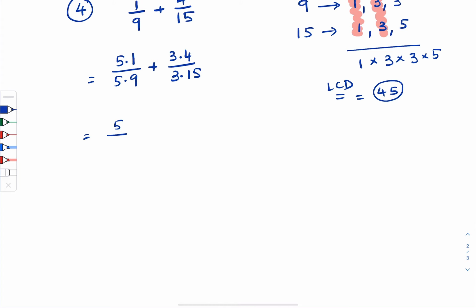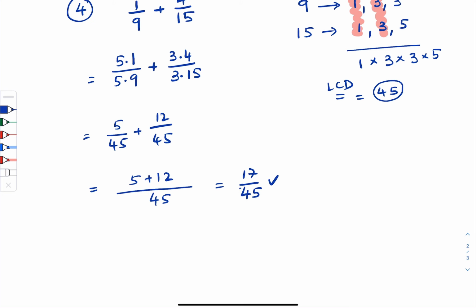Simplifying, I get 5 over 45 plus 12 over 45. And then I just write the 45 once and add across. That gives me 17 over 45. That is the final answer for this one.